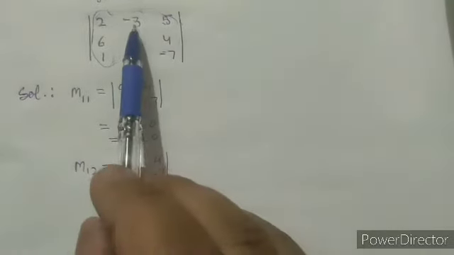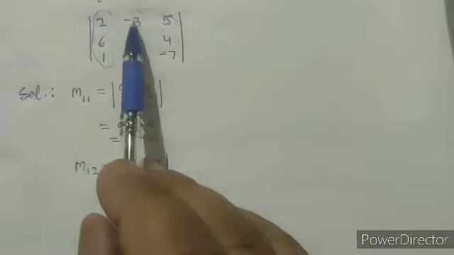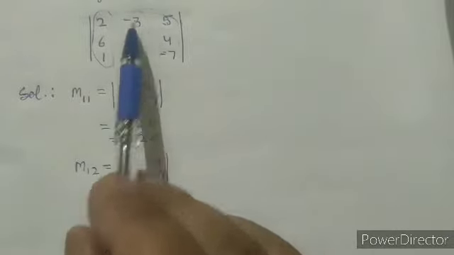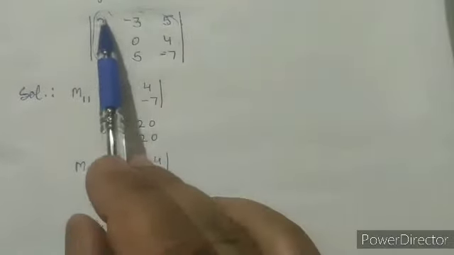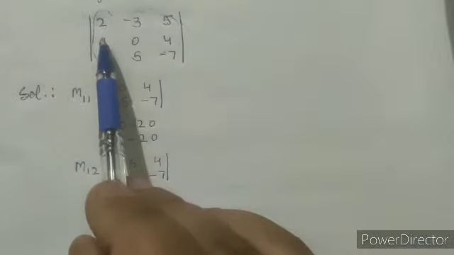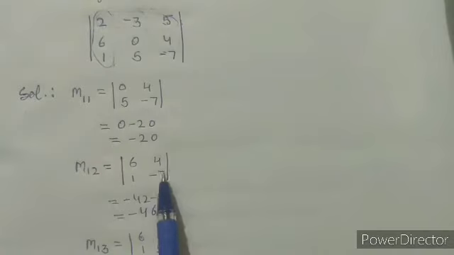Similarly, minor of minus 3. Now minor of minus 3 is of row 1 and column 2. The minor will be M12. Now on eliminating the row and column of minus 3, we will get the determinant of 6, 4, 1, minus 7. And its value will be equal to minus 6.